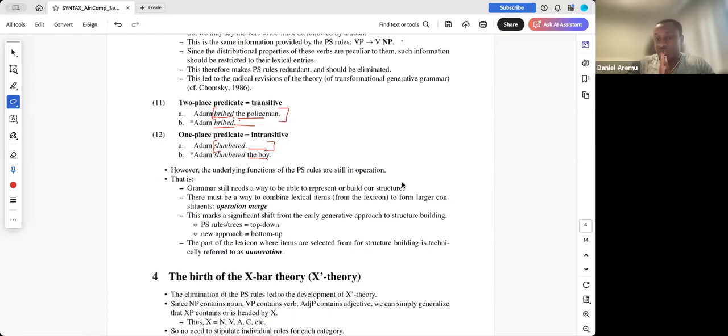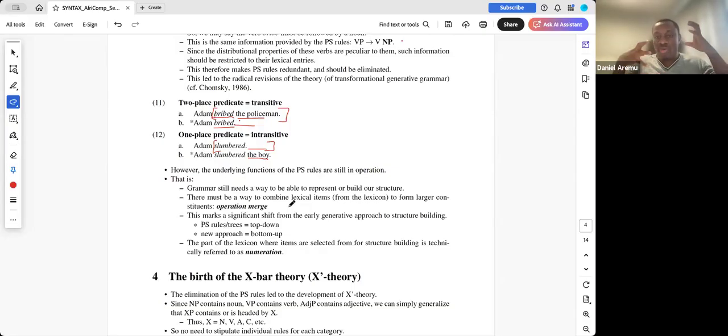The aim of the PS rule, the motivation of the PS rule in the earlier stages of generative grammar, was to be able to represent our structure. That assumption still remains. And there must also be a way to combine lexical items to form larger constituents. Remember, we looked at the constituency test, that even though you have a sentence as a constituent, there are sub-constituents within it.